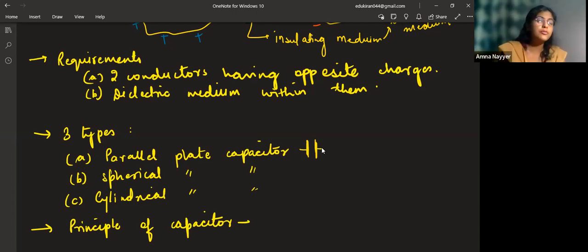And this is also the symbol for a parallel plate capacitor. Suppose I take two spheres and charge one as positive, another as negative, with an insulating material in between them. Then that becomes a spherical capacitor. Suppose you are taking two cylinders.